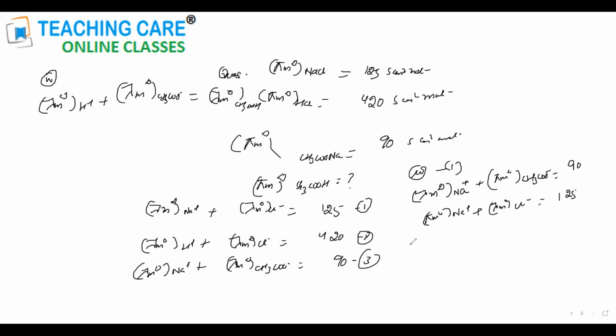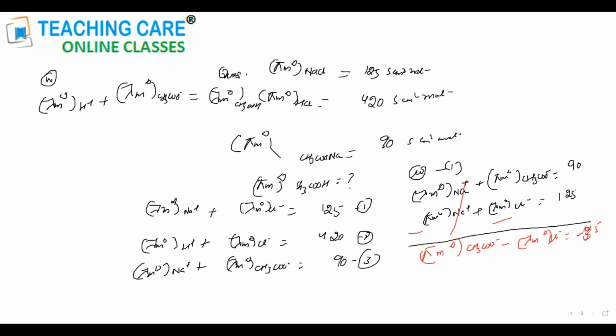When you subtract, Na plus gets cancelled out. So the molar conductivity of CH3COO minus minus the molar conductivity of Cl minus will be equal to minus 35.